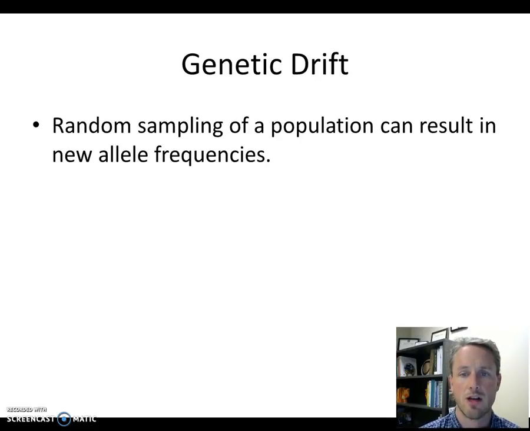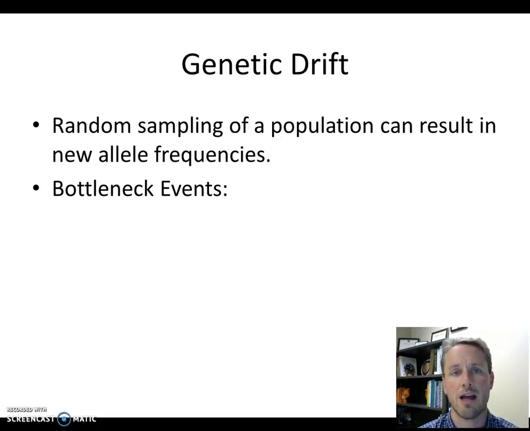So another example of genetic drift, random sampling that results in new allele frequencies, is what we call a bottleneck event. A bottleneck event is when we have a large, more diverse population, and then only a few individuals from that population survive. And the alleles that they carry are now the only alleles present in the population.